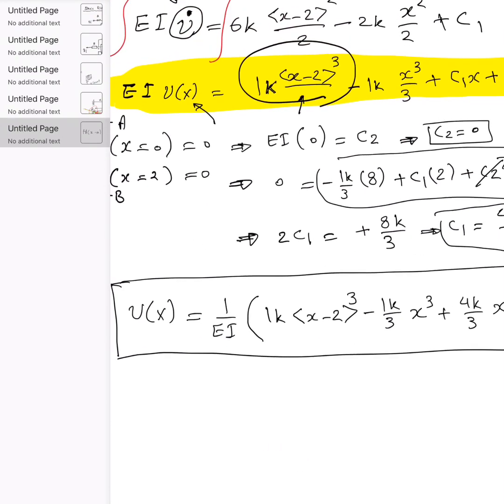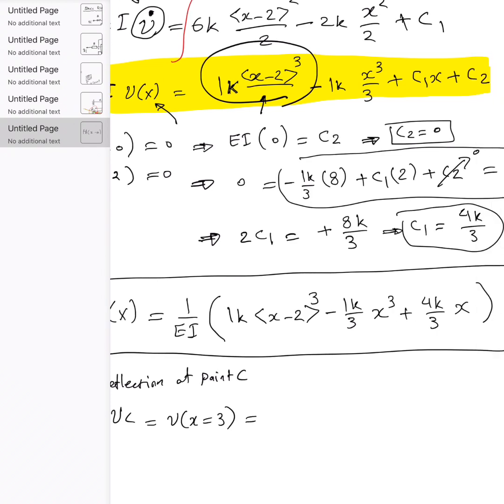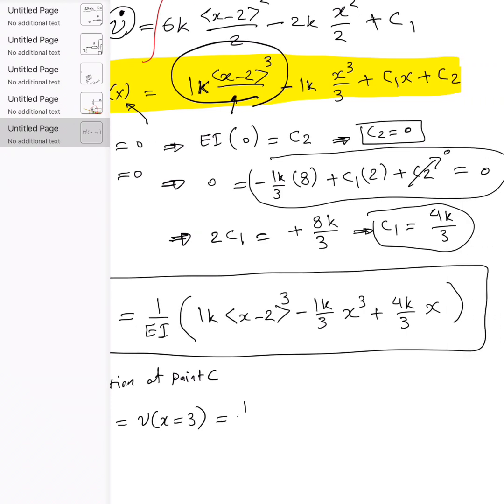So let's do that. v, the deflection of point C, or v of C, is equal to v at x is equal to 3, which is, if you put 3 here, you get 1 over EI, 1k times 3 minus 2. Look, 3 is greater than 2, so you treat Heaviside like parentheses.